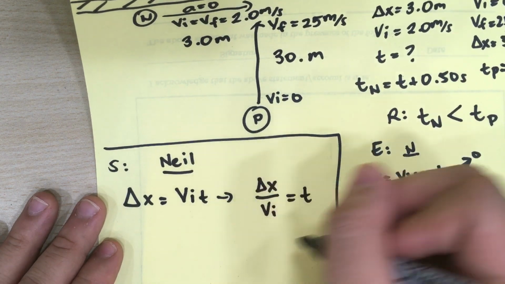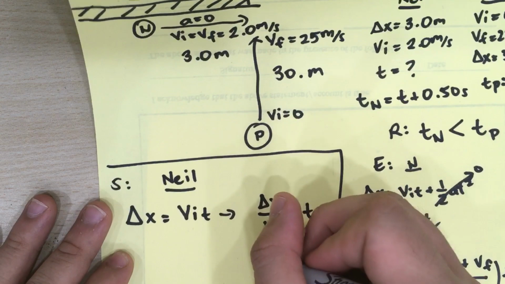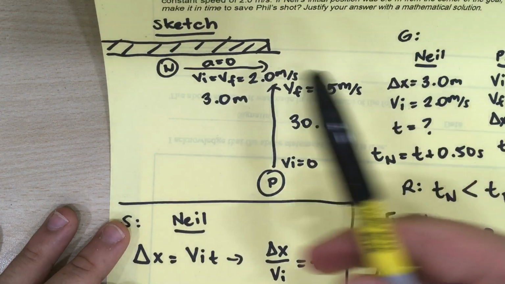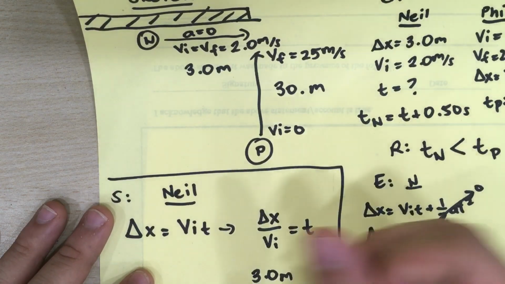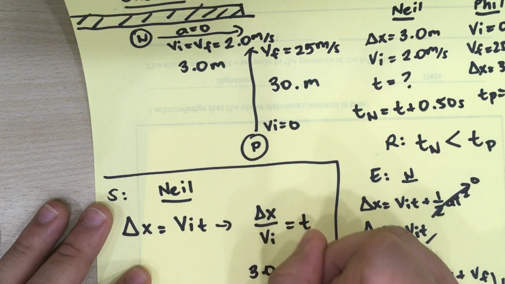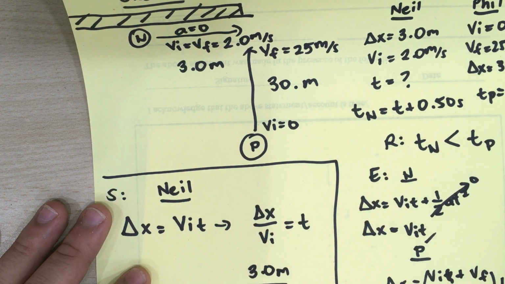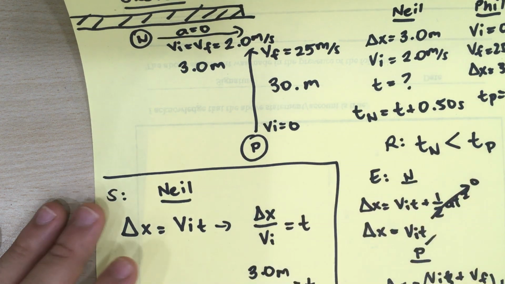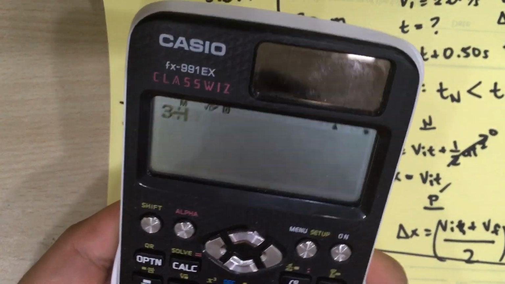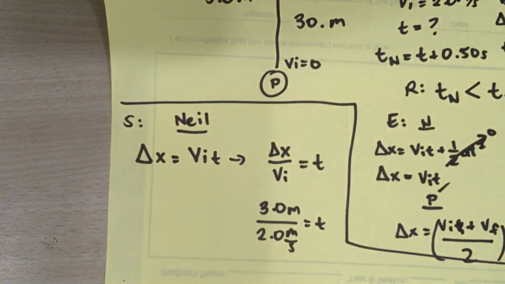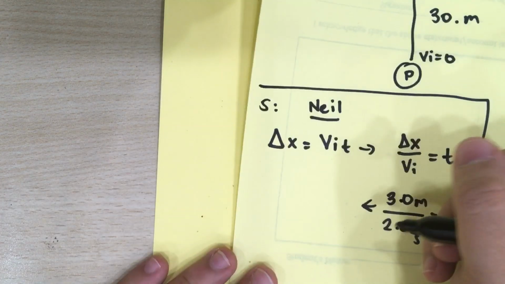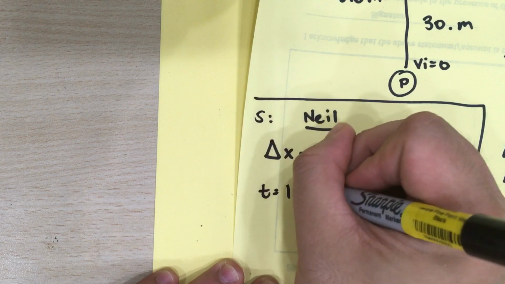We know that Neil has to travel 3 meters, and we know that he will start at an initial velocity and maintain that initial velocity of 2.0 meters per second. And this is all going to be equal to time. So let's get my calculator. 3 divided by 2 is simply 1.5 seconds. So that gives us t is equal to 1.5 seconds.